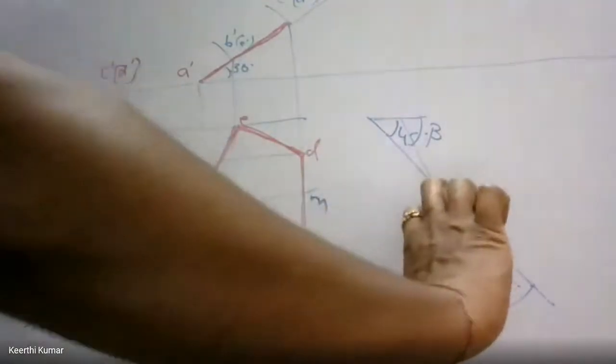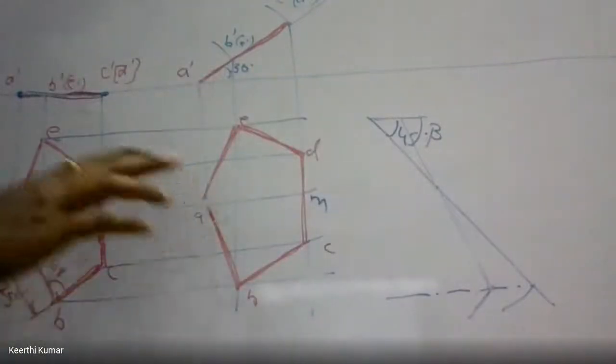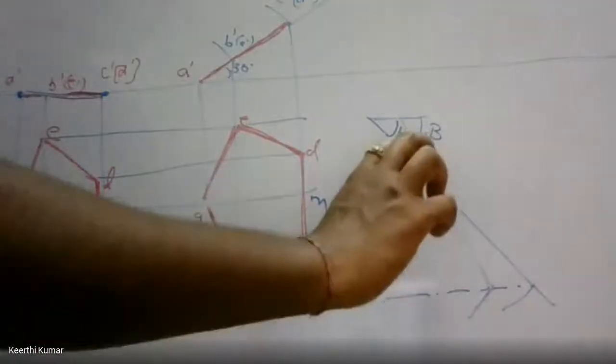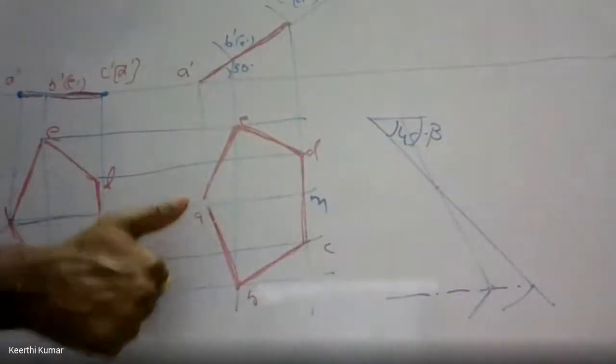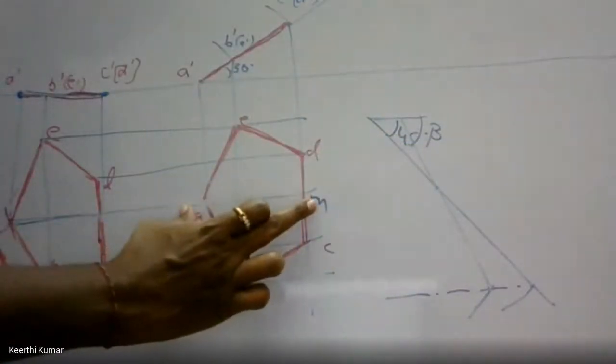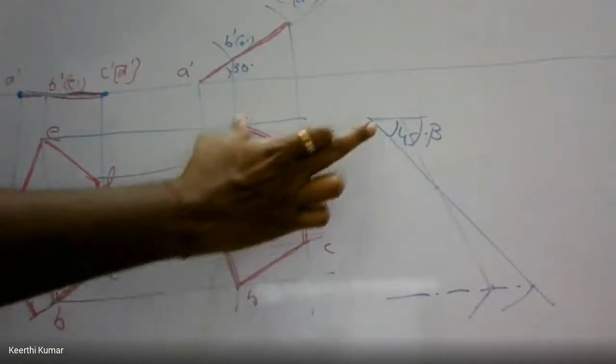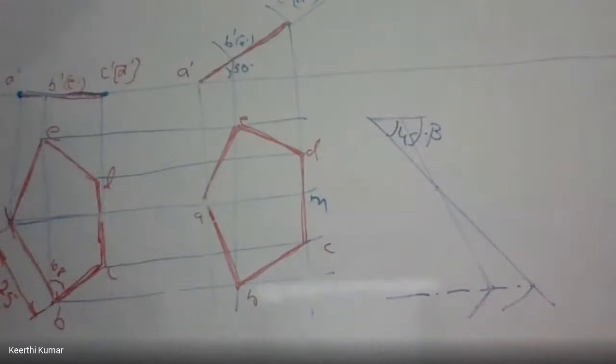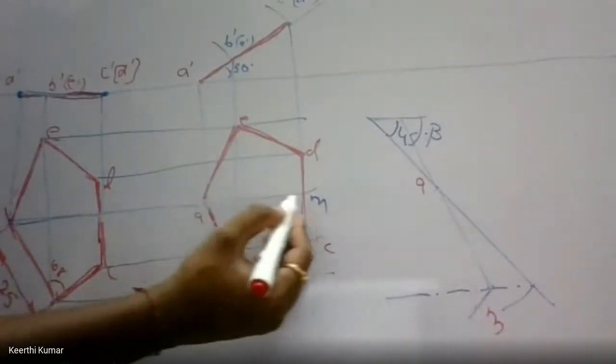Somebody will place it the other way. Both are correct. You will get the mark for both. It's up to you whether you rotate in this direction or that. The easiest way is A I keep for the thumb, M for the middle finger. Take this, rotate. So this will be M and this will be A. A and M is done.